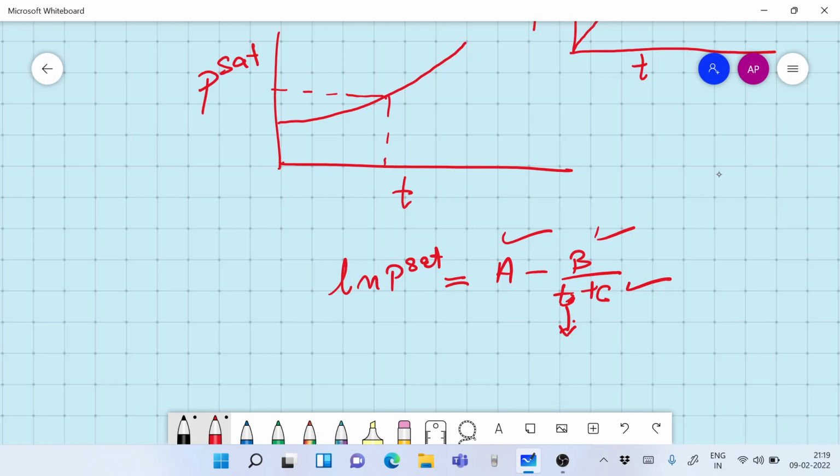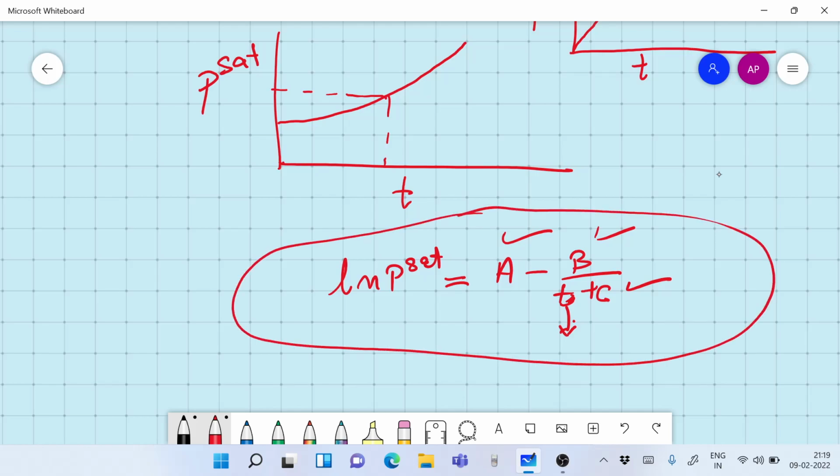Okay, therefore, you have Antoine's constant available for common fluids, common liquids. This voluminous amount of data is all around available to you in chemistry books, chemical engineering thermodynamics handbooks on Antoine's constant of various common fluids that we use.